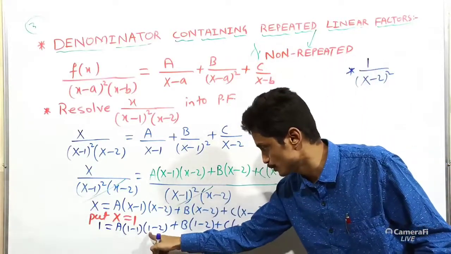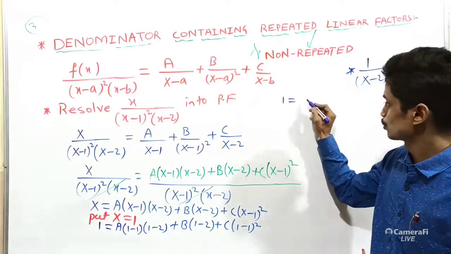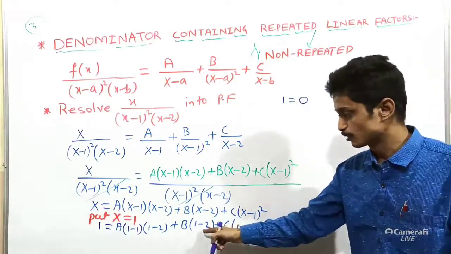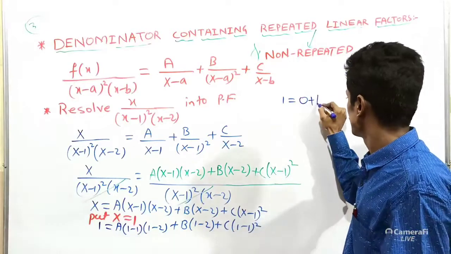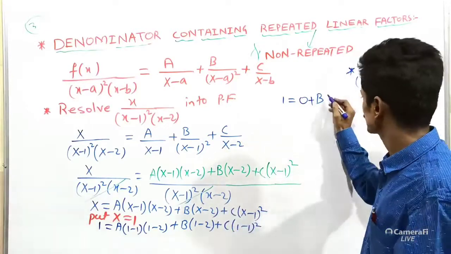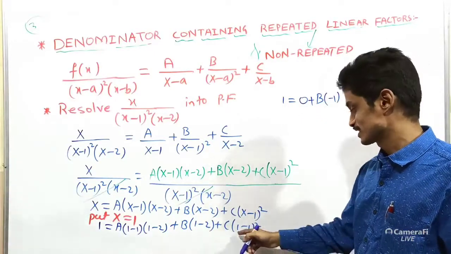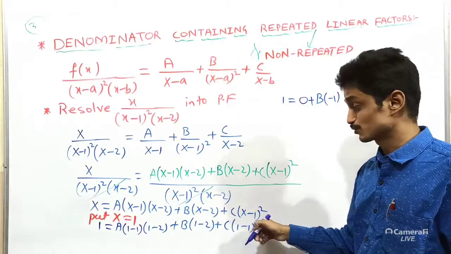Then that 0 into 1 minus 2 is also 0. Leave it, that term is totally 0. What about B? Plus B I will write as B. 1 minus 2 is how much? That is minus 1. I will write here minus 1. Clear? Next, 1 minus 1 is 0, 0 square.